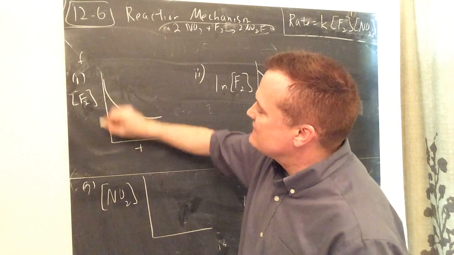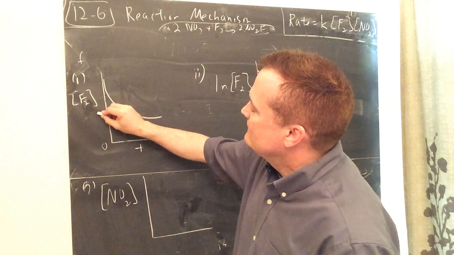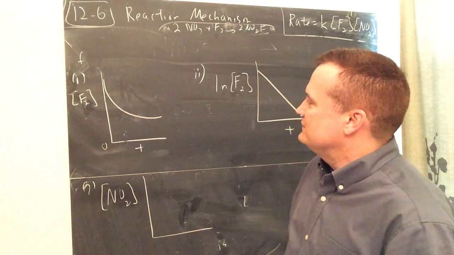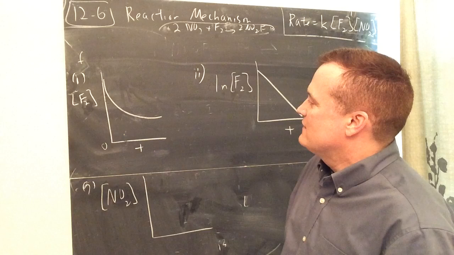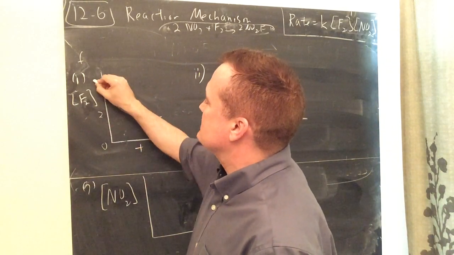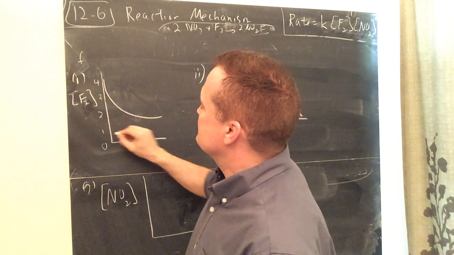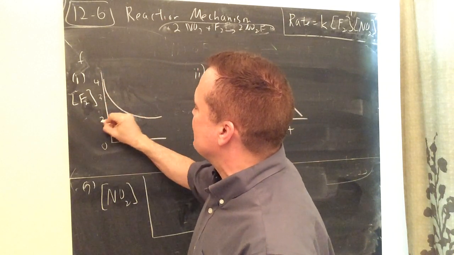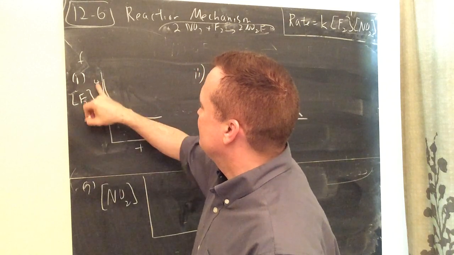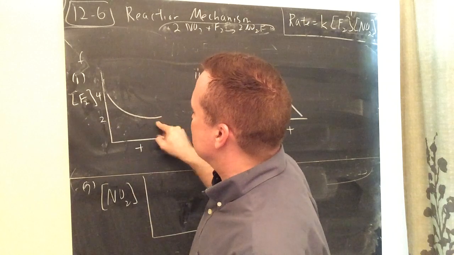Say that was 0, and that was 2, and that was 4. Say F2 started at 4 and went down to 2.